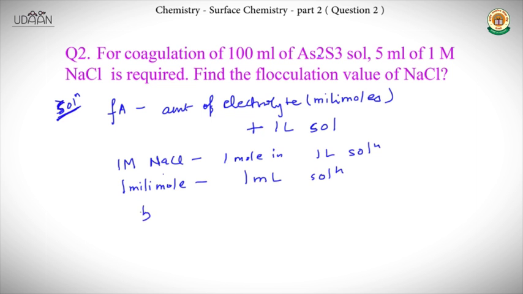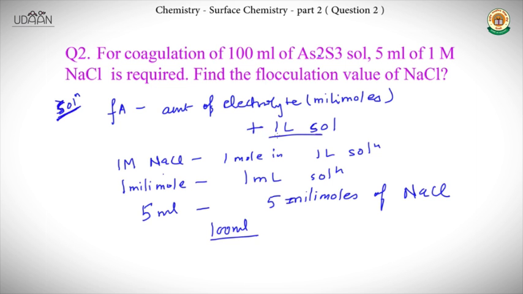So in 5 ml of NaCl solution, the number of millimoles will be 5. 5 millimoles of NaCl are present. Now, the volume of solution containing the NaCl is 100 ml, while in the standard definition I have 1 liter, which is 1000 ml. So in 100 ml I have 5 millimoles, so in 1000 ml I will have 50 millimoles.